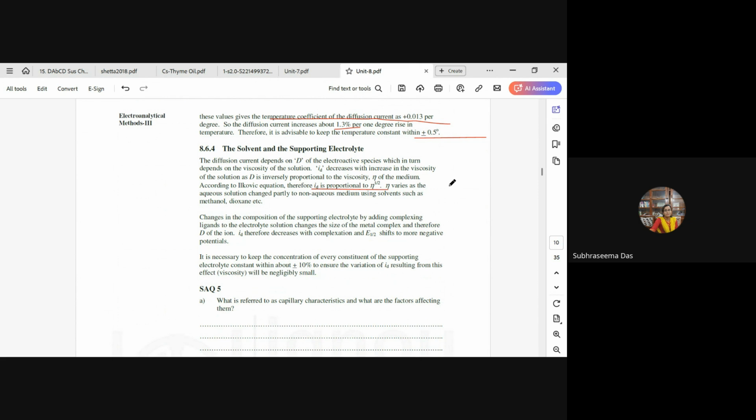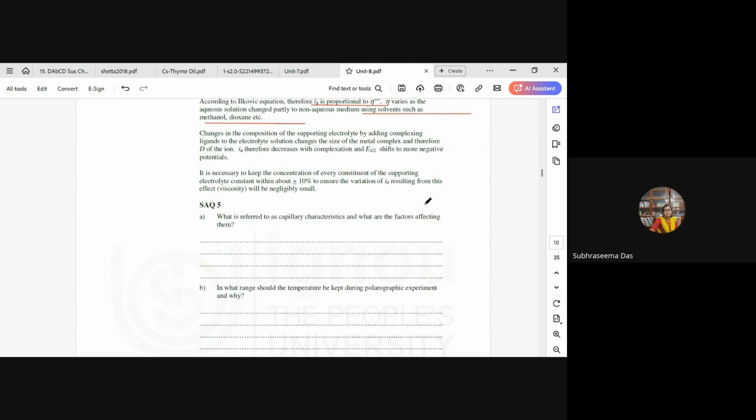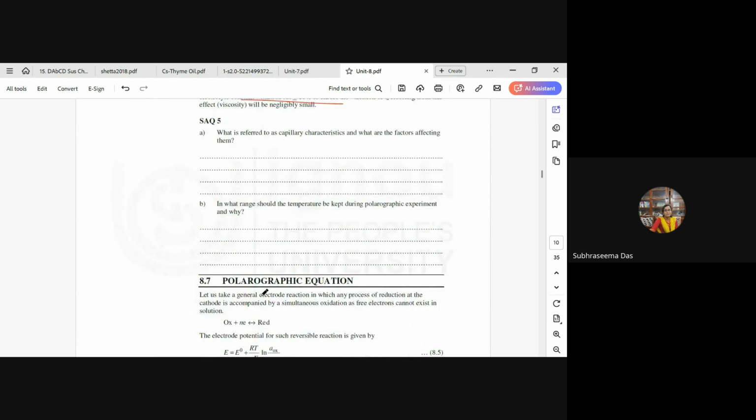Eta, that is the viscosity, varies as the aqueous solution is changed partly to a non-aqueous medium using solvents such as methanol or dioxane. So it is very important to keep the concentration of every constituent of the supporting electrolyte within plus or minus 10% to ensure that the variation in the diffusion current resulting from the viscosity effect is nil or negligible.